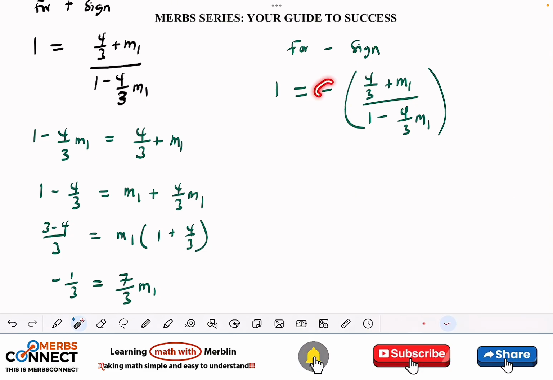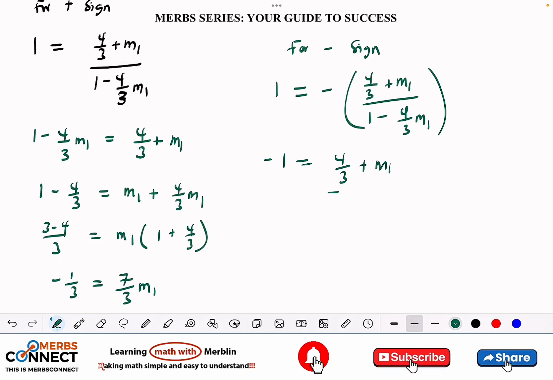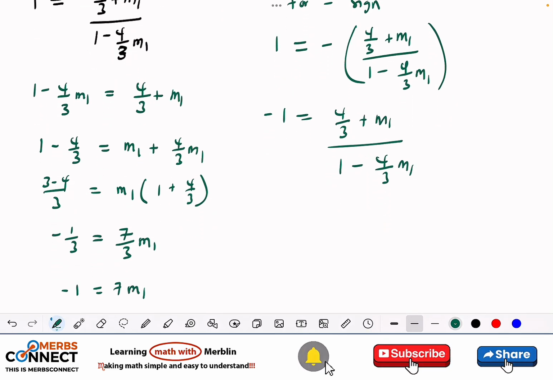So I'll just multiply the minus by this. So I'm going to have minus 1 to be equal to 4 over 3 plus M1 divided by 1 minus 4 over 3 M1. And multiplying this by that, I'm going to have minus 1 times 1 minus 4 over 3 M1 equals 4 over 3 plus M1.